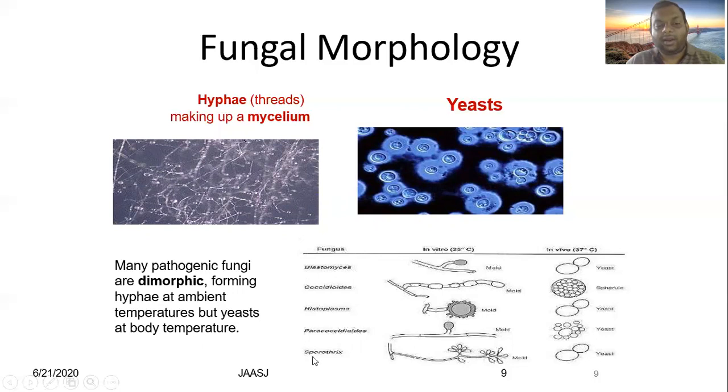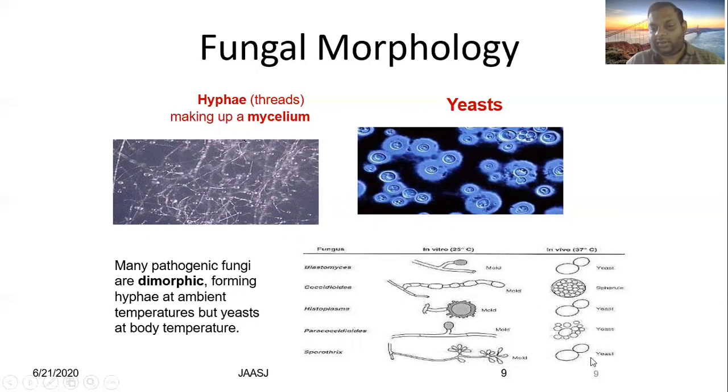Some are dimorphic, meaning they possess both shapes: hyphae at ambient temperature, but yeast at body temperature. The yeast form is capable of extracting nutrients from tissues.